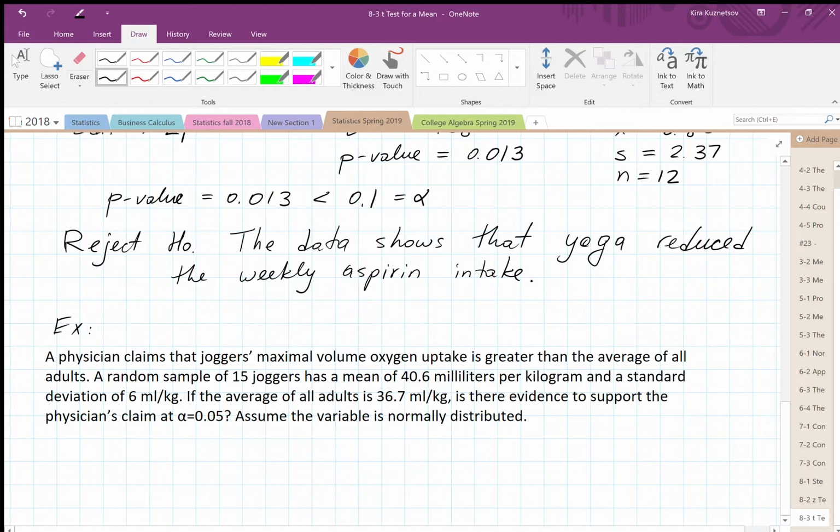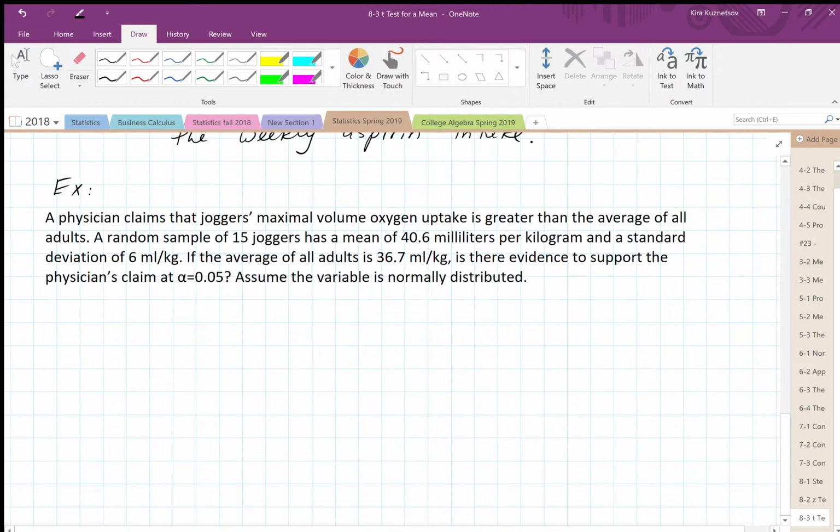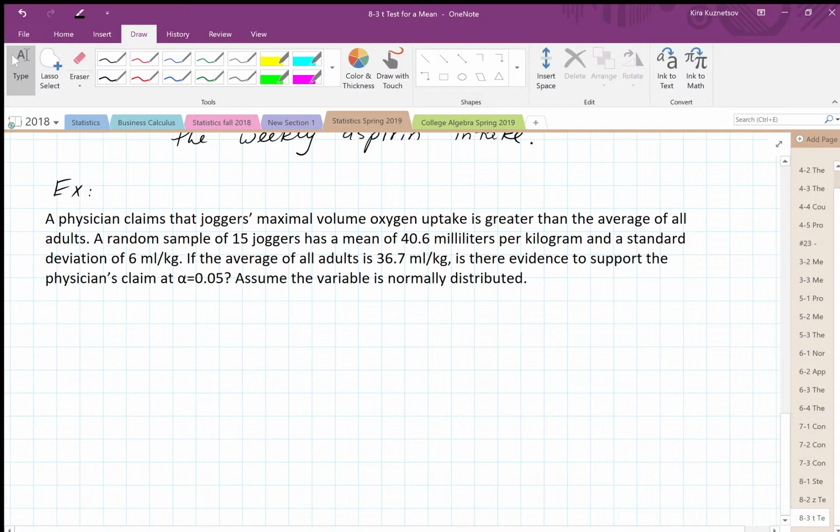Let's take a look at another example. A physician claims that joggers' maximum volume oxygen uptake is greater than the average of all adults. The random sample of 15 joggers has a mean of 40.6 milliliters per kilogram and a standard deviation of 6. If the average of all adults is 36.7, is there evidence to support the physician's claim at alpha of 0.05?